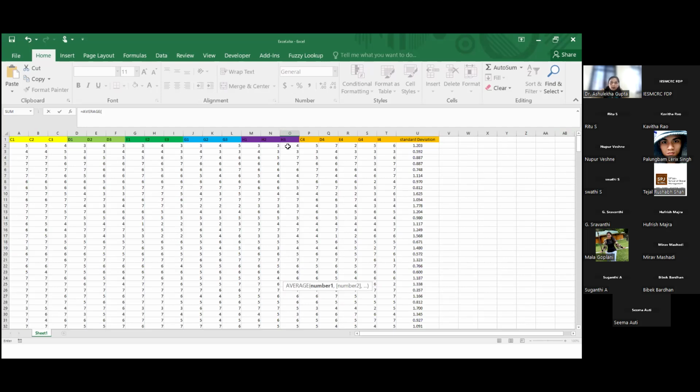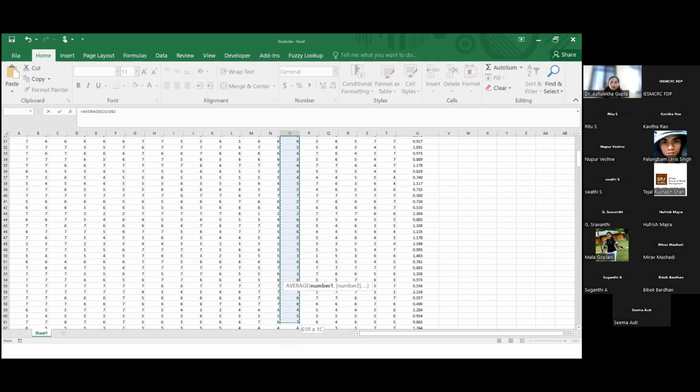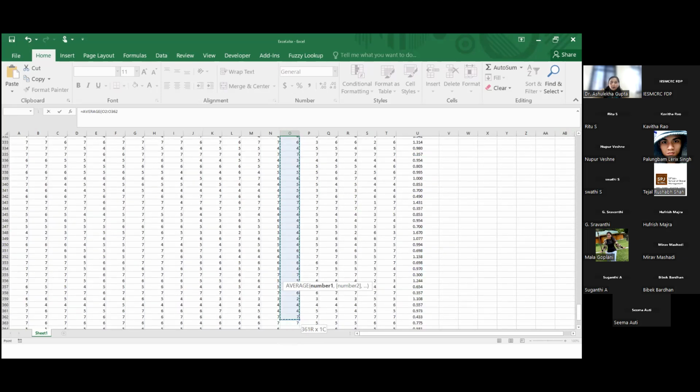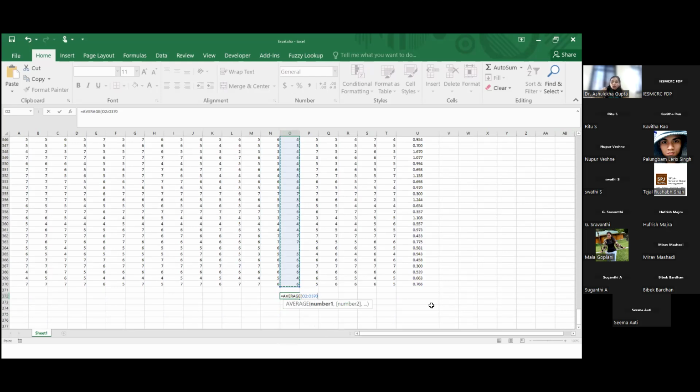So simply I'm going to take the average of all these values, and now close the bracket and enter. What is the average? 5.11. So what I will do, I will put it as 5.